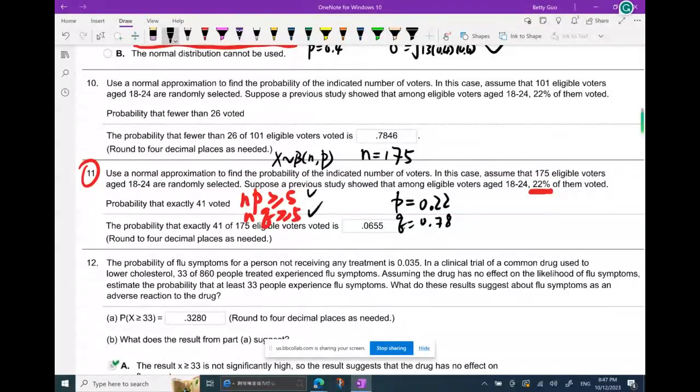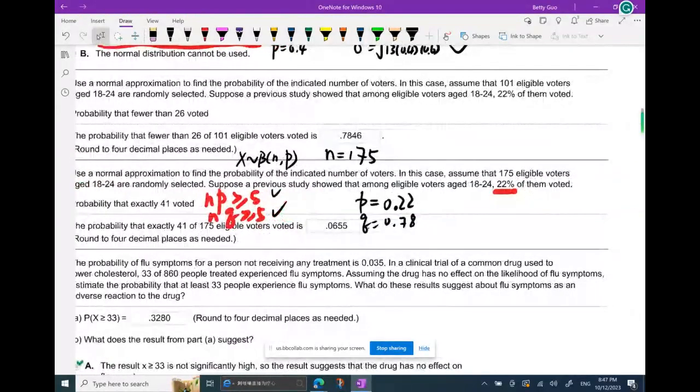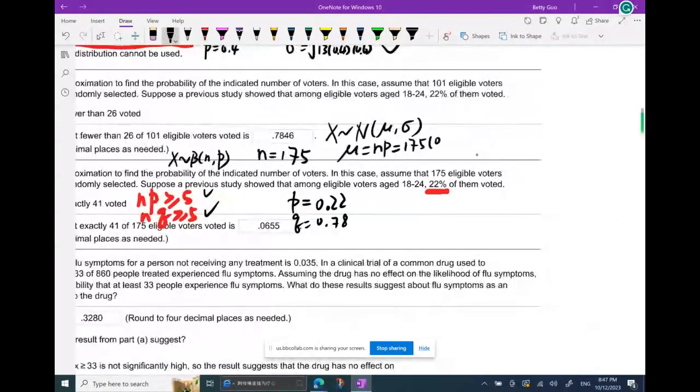Then now we're going to construct the normal distribution that we can use to approximate the binomial variable. Mu is n times p, which is 175 times 0.22, and the sigma is the square root of npq, the square root of 175 times 0.22 times 0.78.